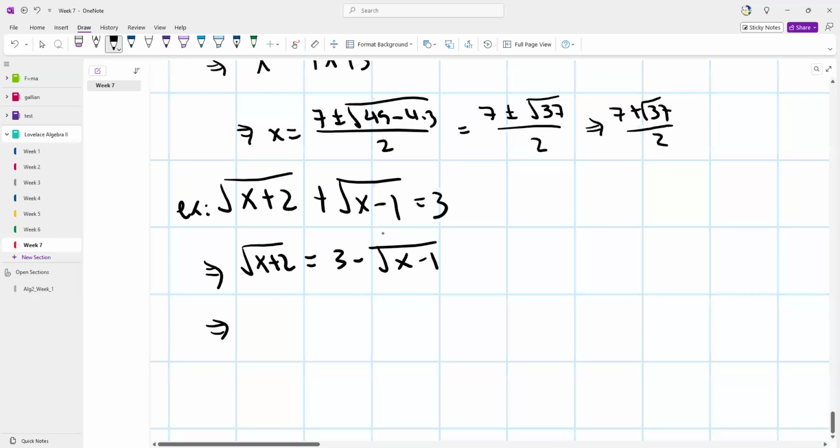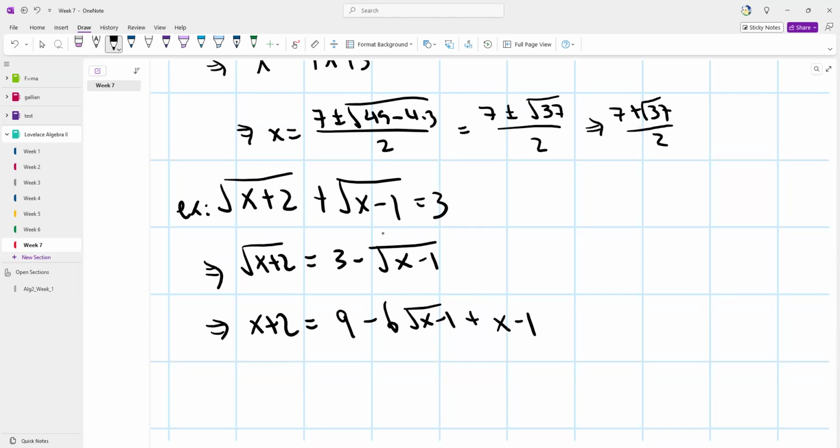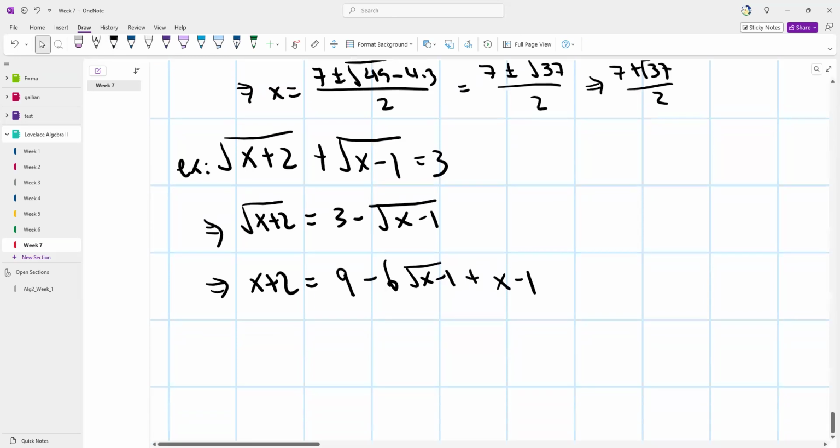And now we square both sides. So this gives us x plus 2 is equal to 9 minus 6 times the square root of x minus 1 plus x minus 1. Hopefully this makes sense because you're basically expanding quadratics.